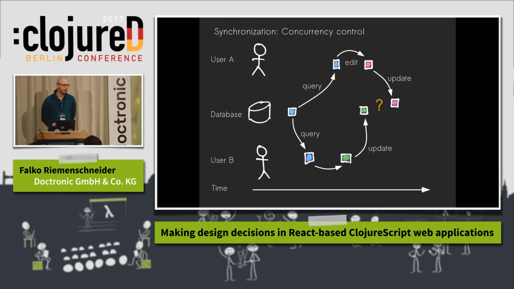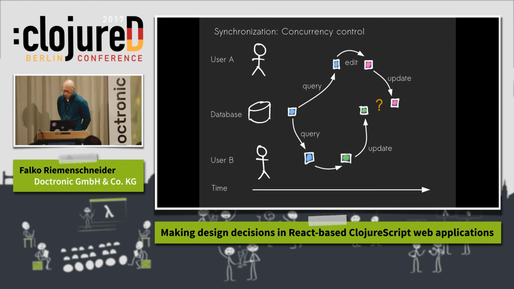This is a classical problem in distributed applications, and the precise problem here is that when user A, for example, has an entity and user B has sent an update, then an update sent by user A sometime later might override what user B has done. So this is a lost update problem.